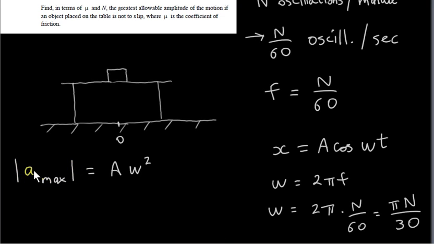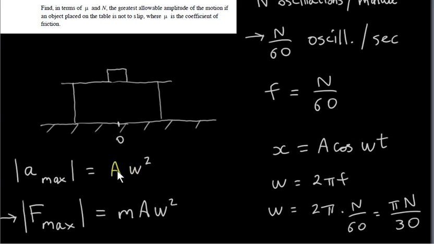So we have the magnitude of the maximum acceleration of the table. A is usually taken to be a positive quantity. It's the maximum displacement of the table, and hence the object, from the equilibrium position. Omega squared is of course positive.